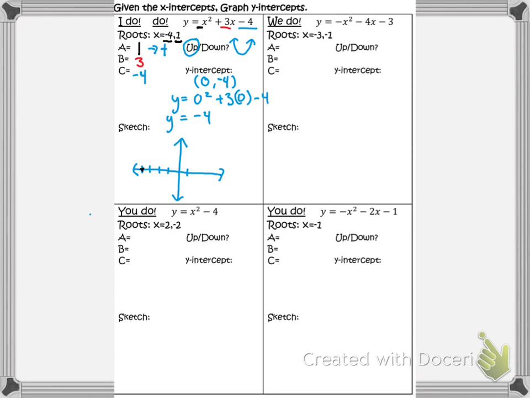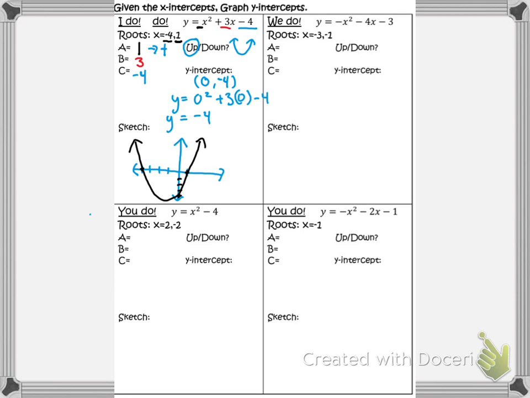And our y-intercept will be at 0, comma, negative 4. This is 0, comma, negative 4. So our graph's going to look something like this. Opens up, has my roots, and has my y-intercepts.